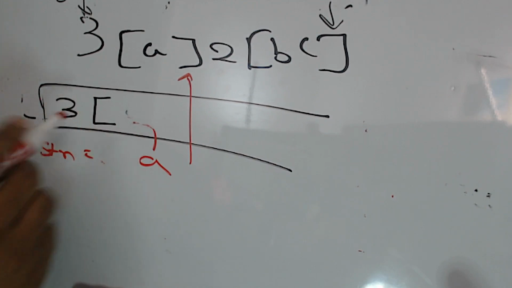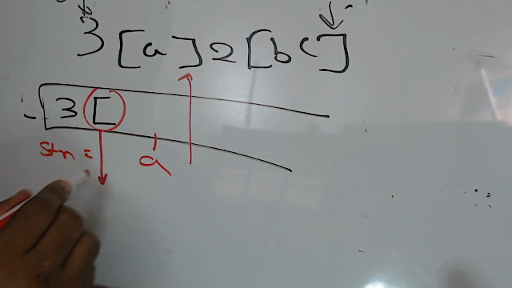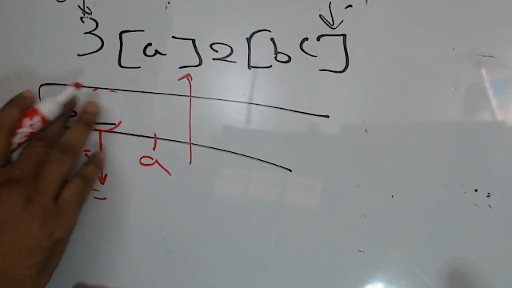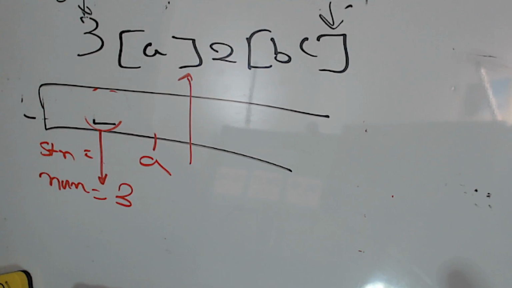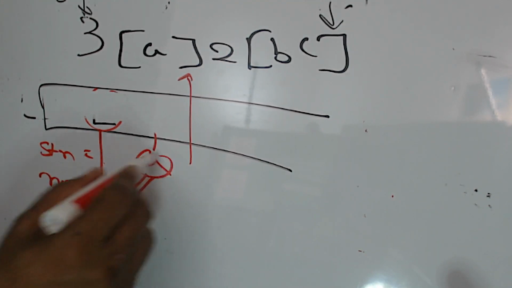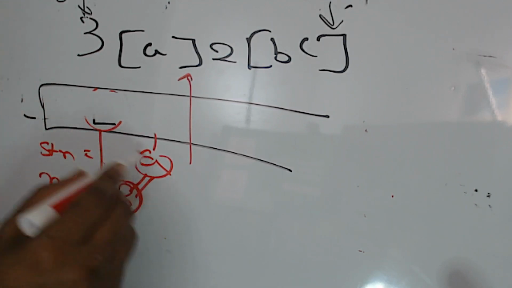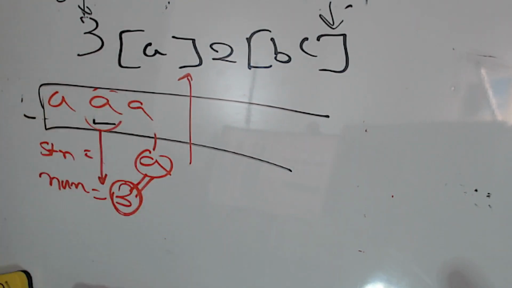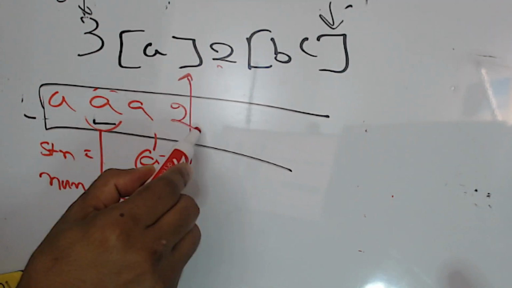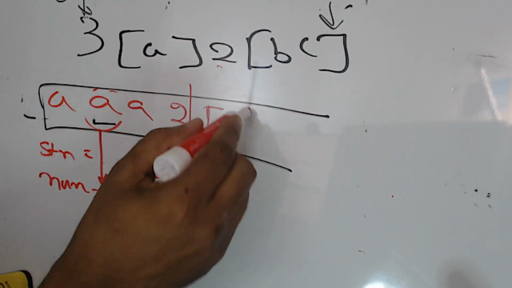So this will become a. Then the time we find the opening bracket, we start constructing our number. Again we keep popping, and the number becomes 3. Once we have the number, we repeat the a three times and keep pushing it to the stack again. Then we start our iteration from here: 2, then we push the opening bracket and bc.